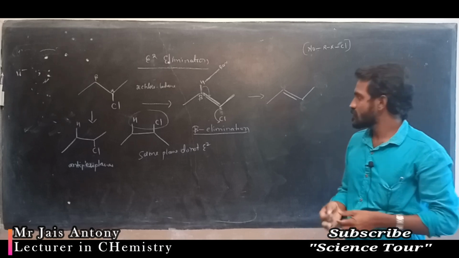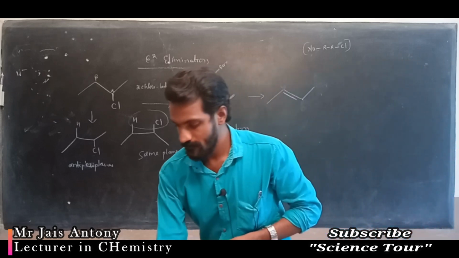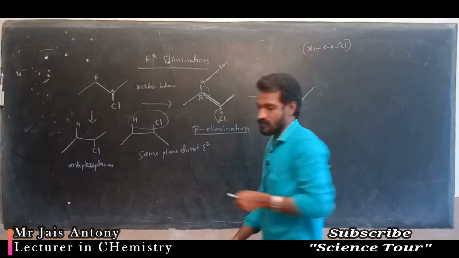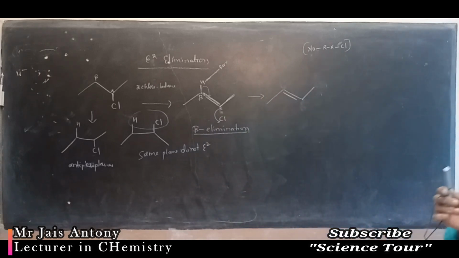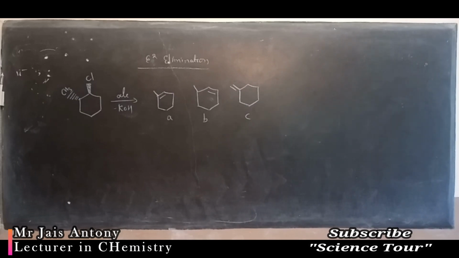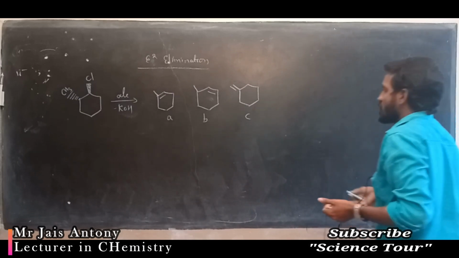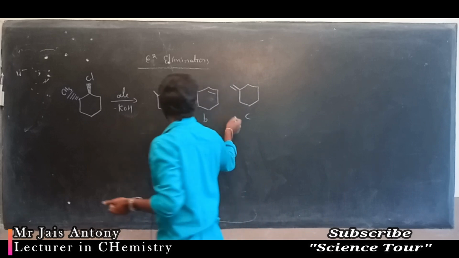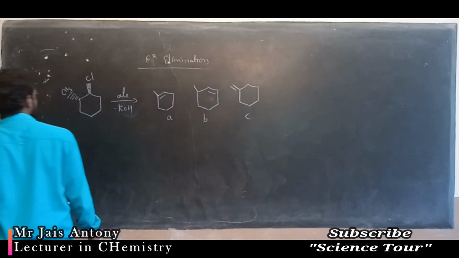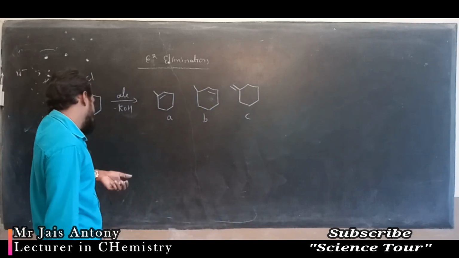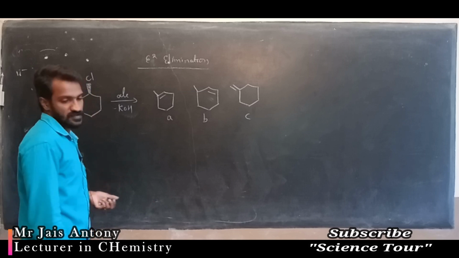Okay, now we will discuss one by one. Dear students, find out which one of A, B and C shows beta elimination, E2 elimination, with alcoholic potassium hydroxide.